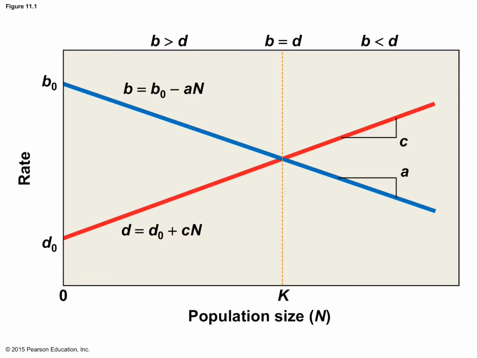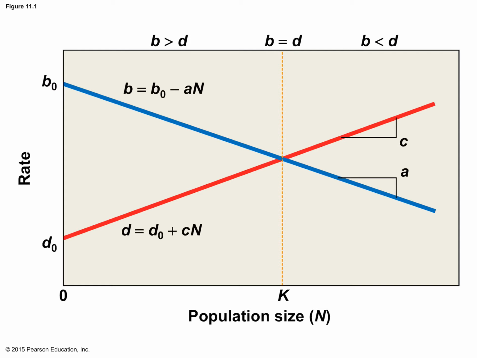Okay, so let's take a look at a figure here that sort of explains all of this. What you're seeing here are rates of birth and death represented as a linear function of population size. So we have population size here on the x-axis, small to large, and we have our rates of birth and death on the y-axis, low to high.